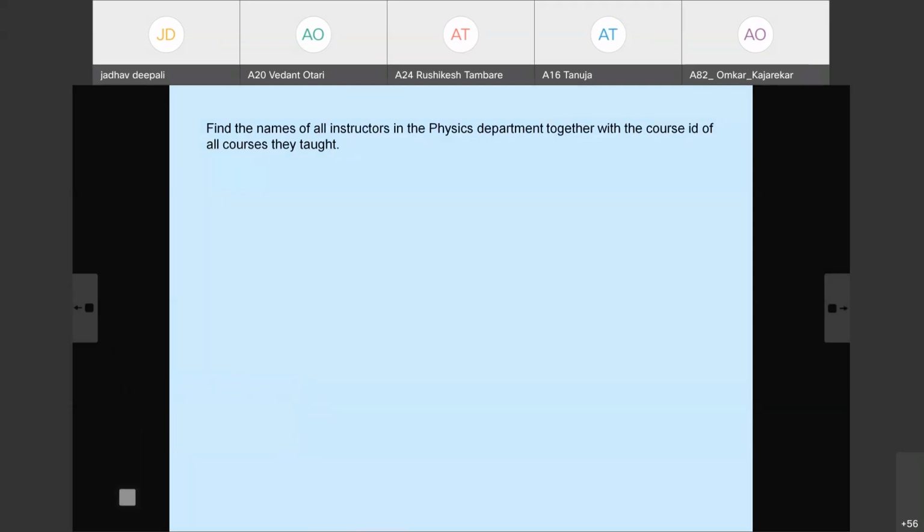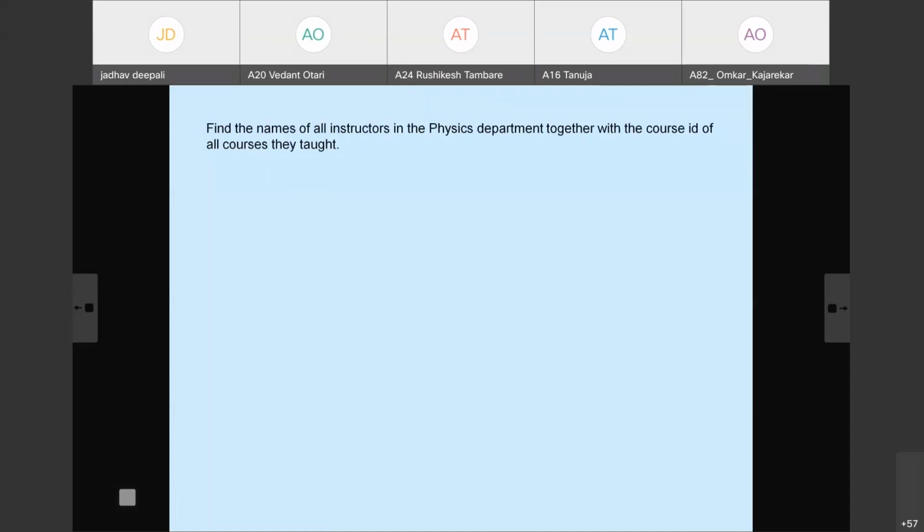So here, when we see this query, first we need to identify which relations are required. First we need to identify whether a single relation is sufficient. If not, then multiple relations, and which ones. Here the predicate is that department name should be physics, correct?